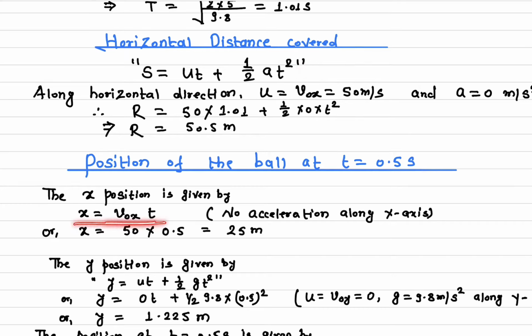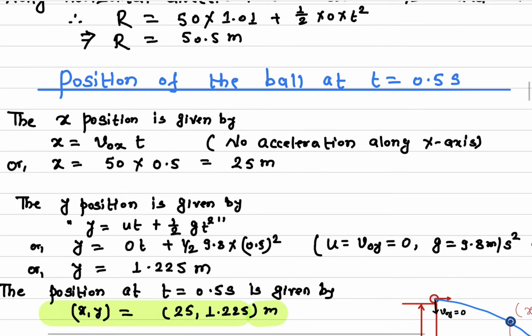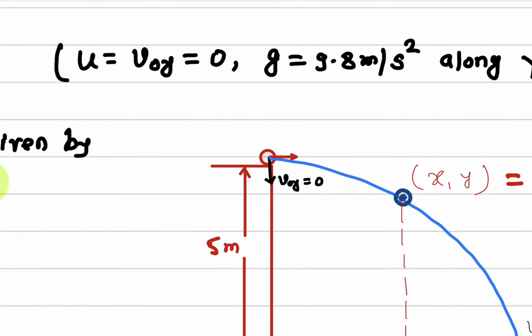The velocity is 50 and we are interested in the position at time equals 0.5. So just plug it in, time equals 0.5. So 25 meters. This means the particle has traveled 25 meters in 0.5 seconds. So this distance is 25 meters.